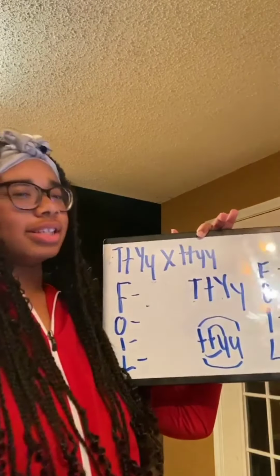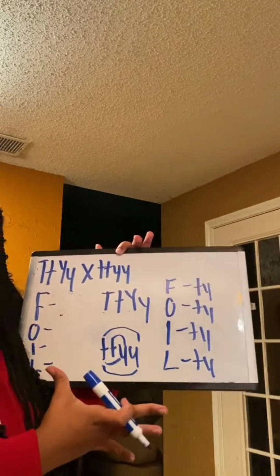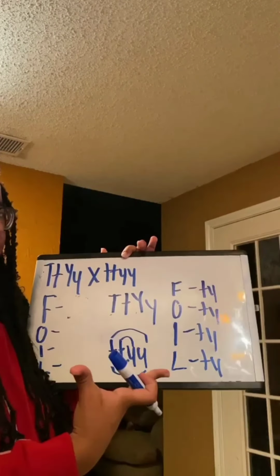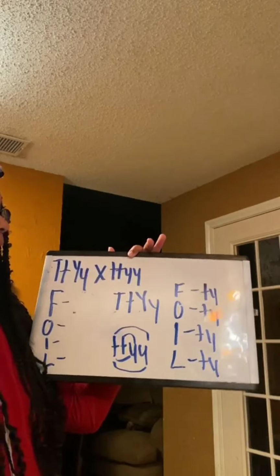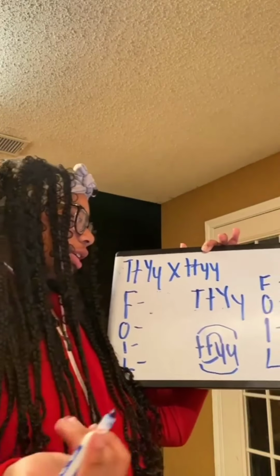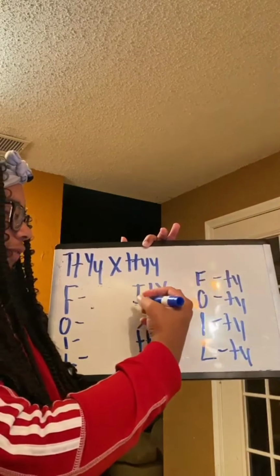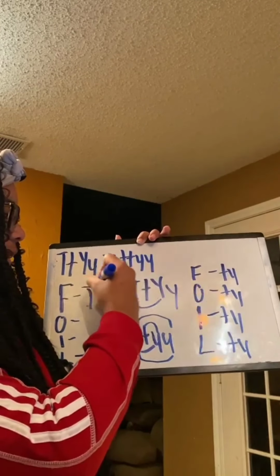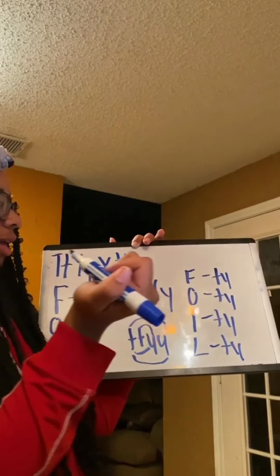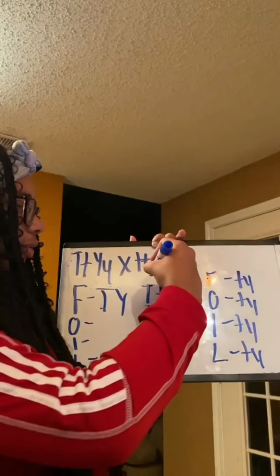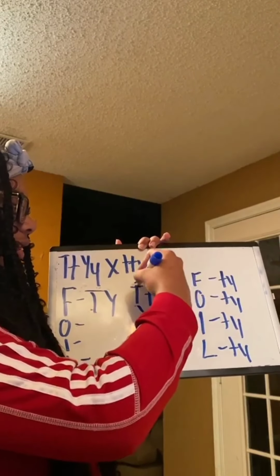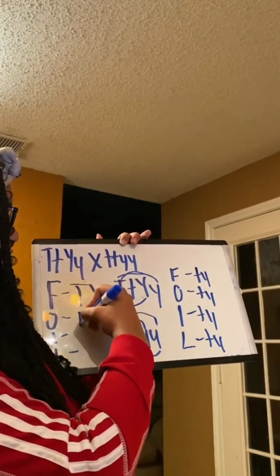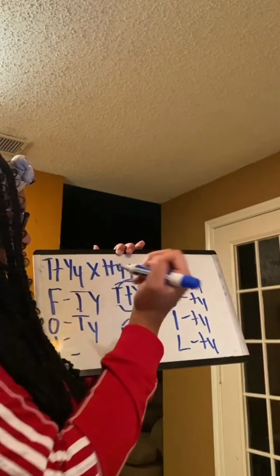So as you can see, I already FOILed the second parent, and now I'm going to teach you how to do the first one. So basically we're going to do the first alleles, and that'll give us a dominant T and a dominant Y. Then we have outer, which is the outside alleles, so that gives us dominant T and recessive y.